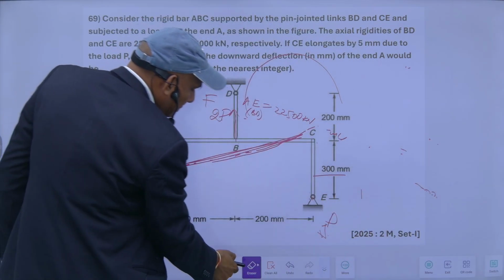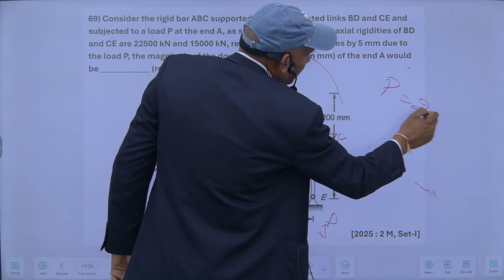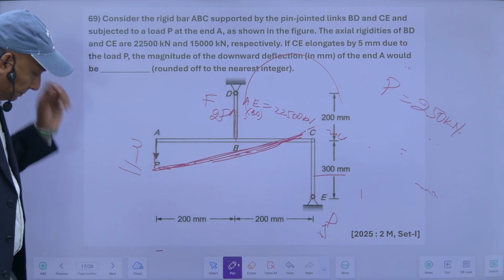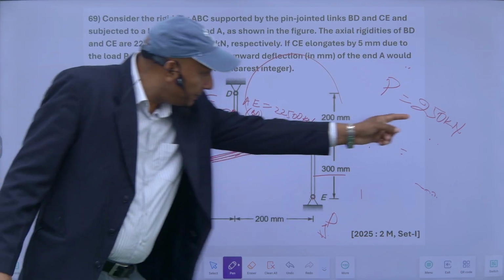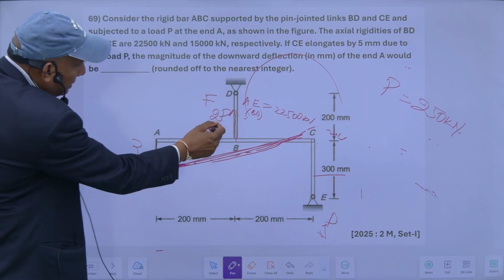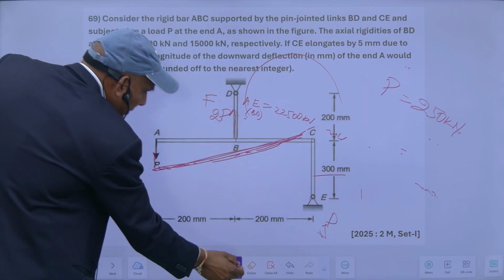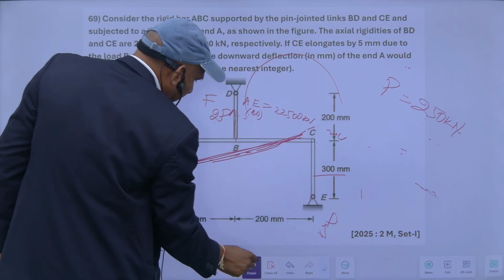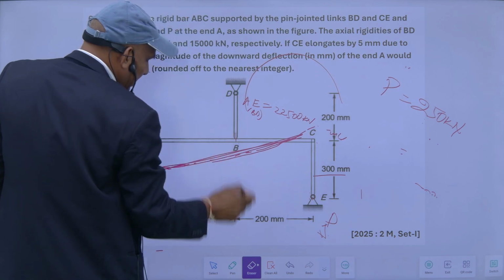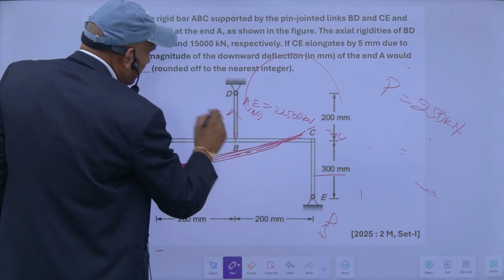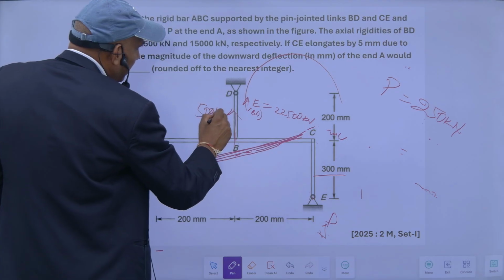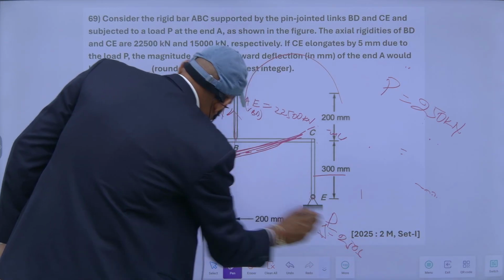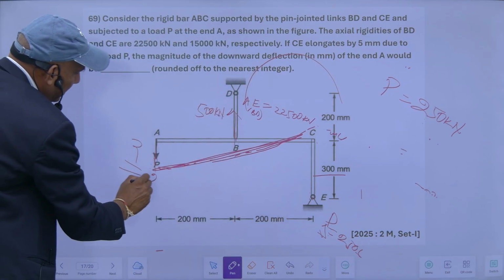P is equal to 250 kilonewton force here, and if this is 250, obviously it is 2P, so it will be 500 kilonewton. So the force in this is 500 kilonewton, this is 250 kilonewton, and this is also P, so it will be 250 kilonewton.